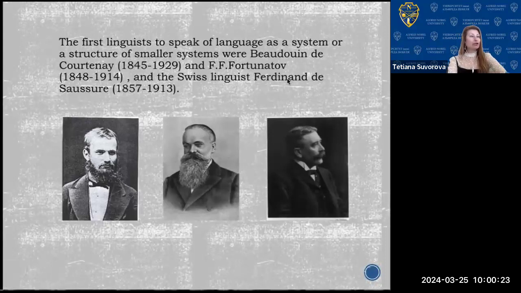Well, but Ferdinand de Saussure's Course in General Linguistics was published after his death, and he never collected it into some theory. I explained already that these were his students listening to his lectures and making notes.